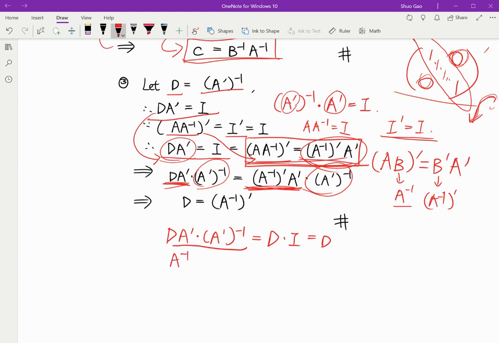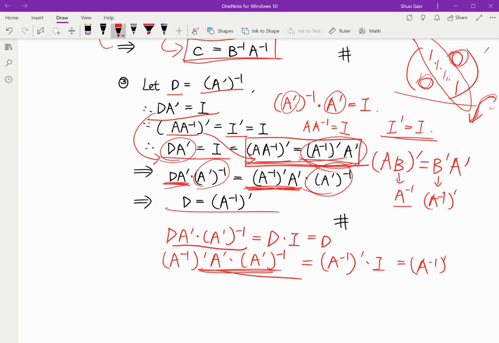And also A inverse prime, A prime, inverse. If you combine the last two, it should be times I, right? Times I. So this is just A inverse and then prime.